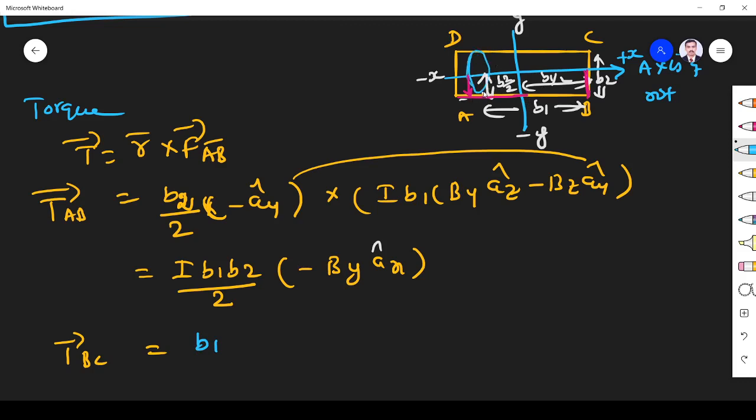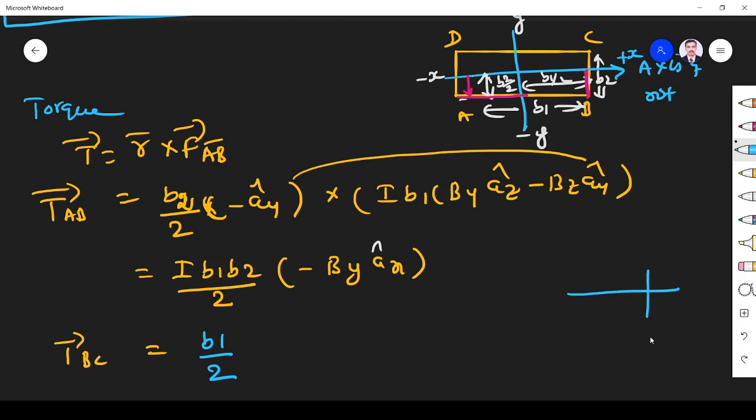This will rotate with respect to this direction. So it will rotate in this way, fine, and this will rotate this way, the bottom side, right? So here, what is the distance? It is going from here, so it is B1 by 2.